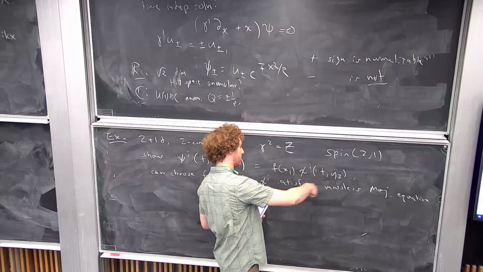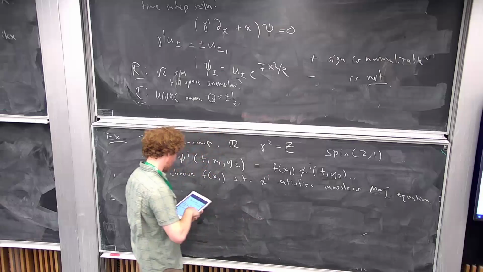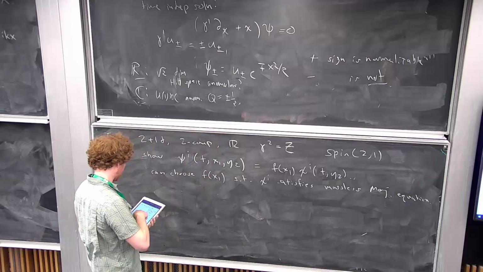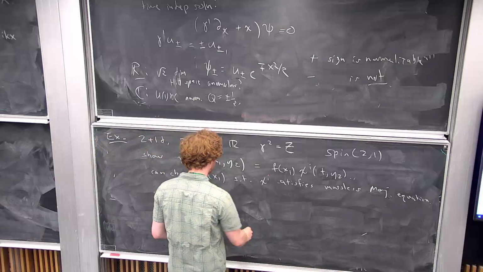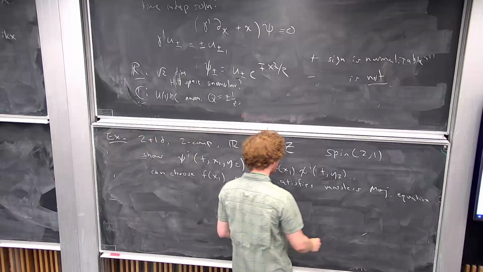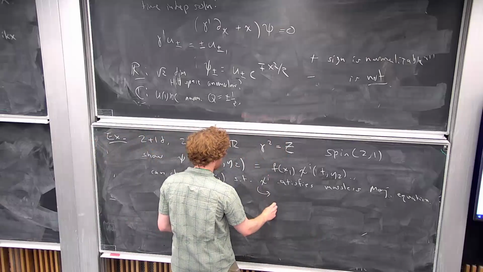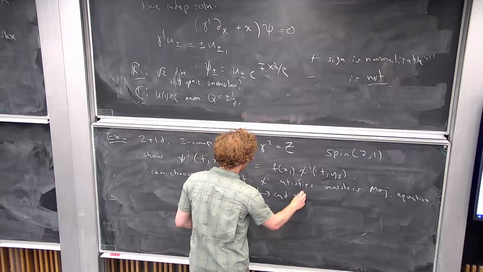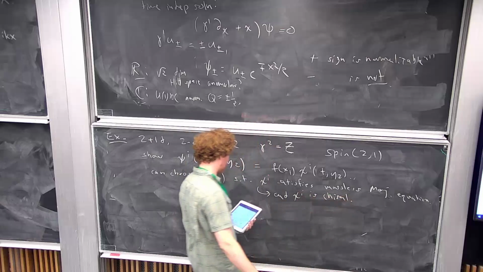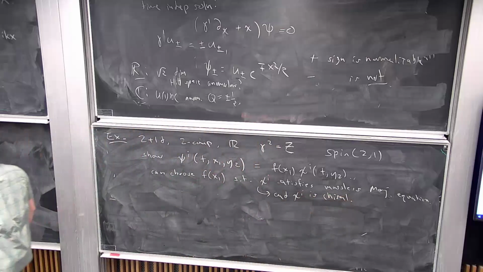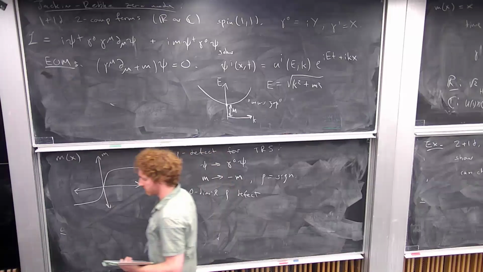So you have really a massless fermion on the domain wall. Moreover, psi is actually chiral. So it has a particular eigenvalue.